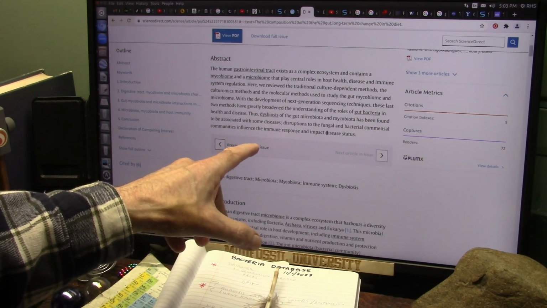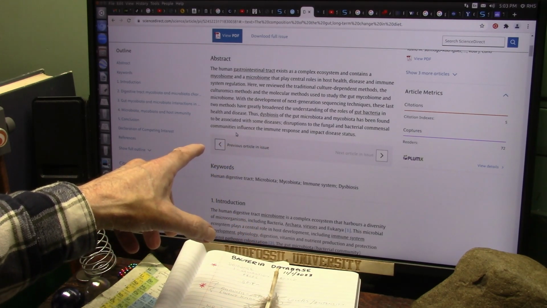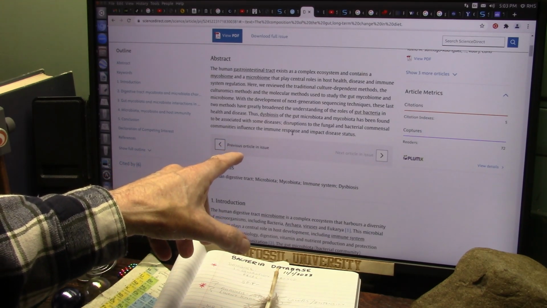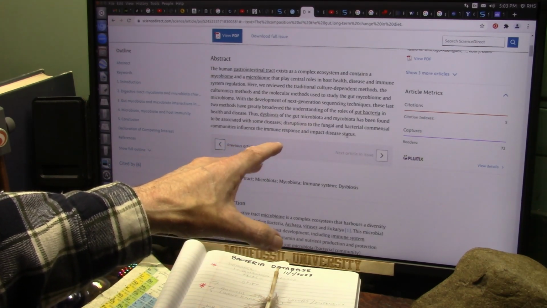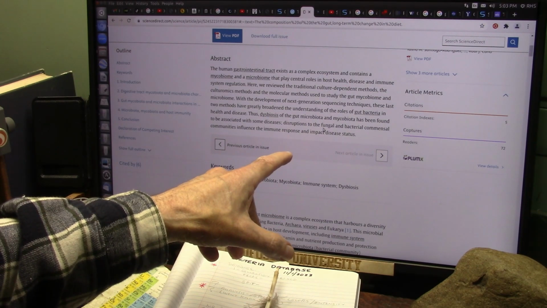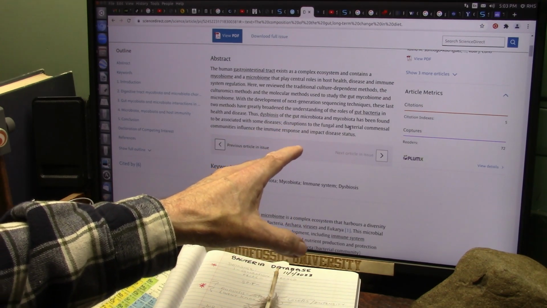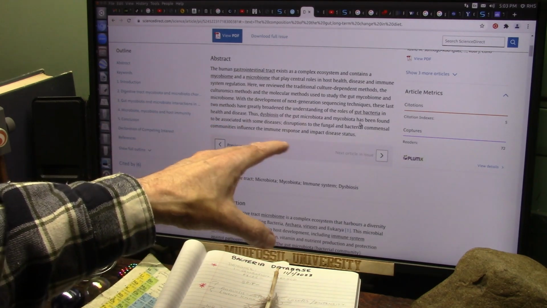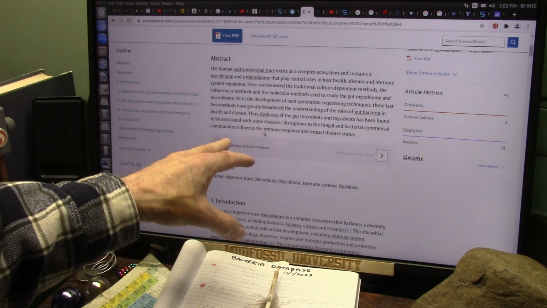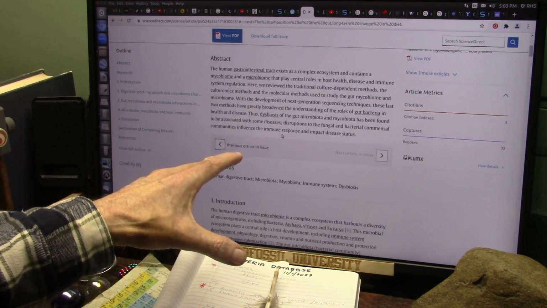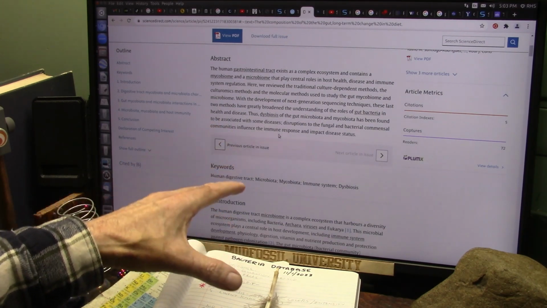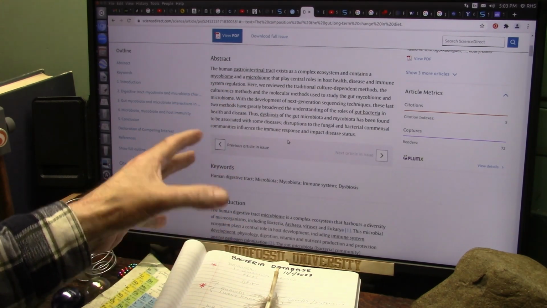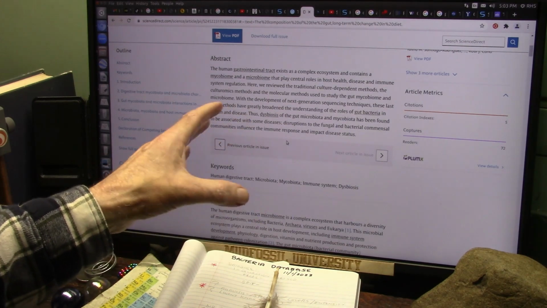Disruptions to the fungal and bacterial commensal communities influence immune response and impact disease status. So fungal and bacterial. Commensal means good for you. And these communities of these things that are in your body influence how you respond for your immunity and how much disease you get and don't get. They're very, very, very important.